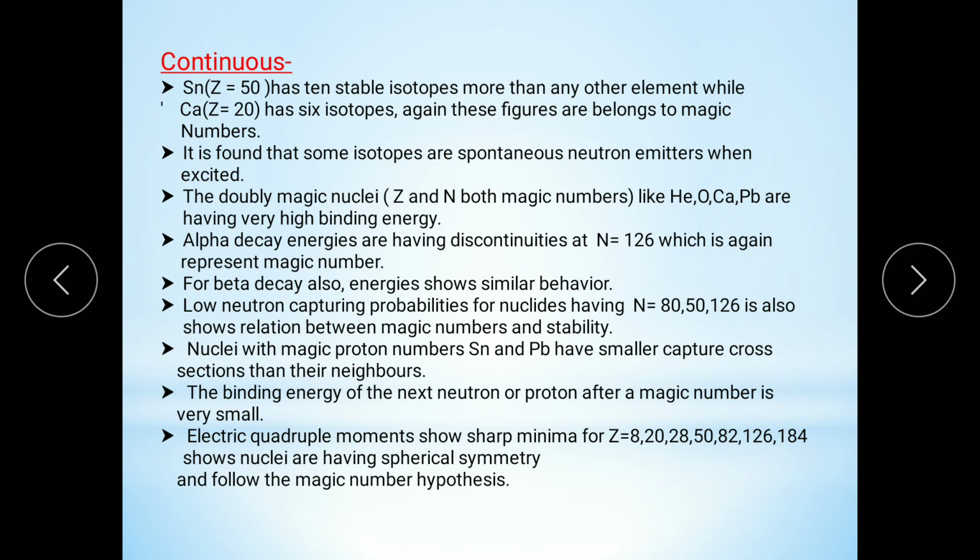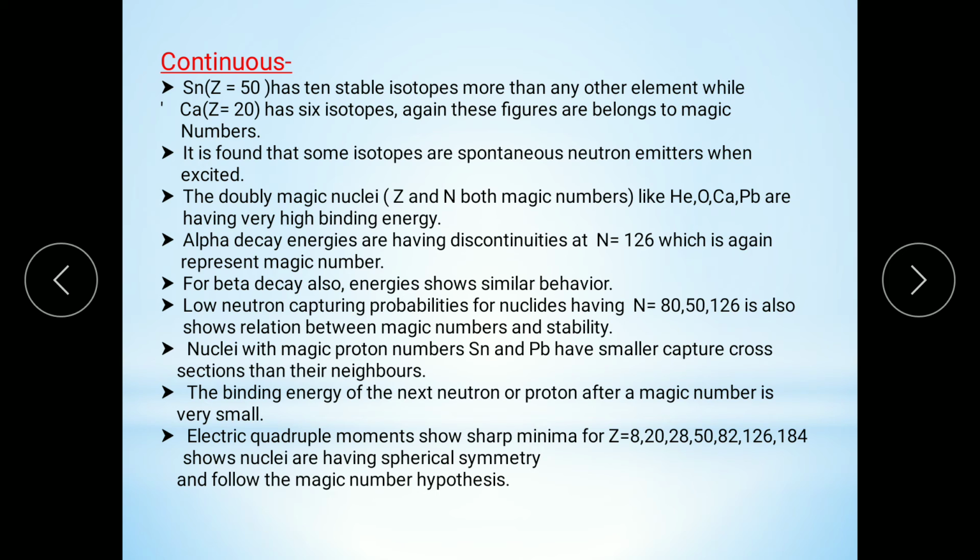Next point, alpha decay energies have discontinuities at N equal to 126, which again represents a magic number. Means when we draw the graph of alpha decay energy, we see that there is a discontinuity when the neutron number is equal to 126.